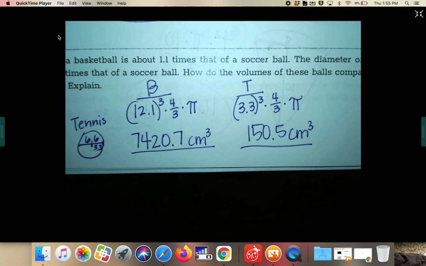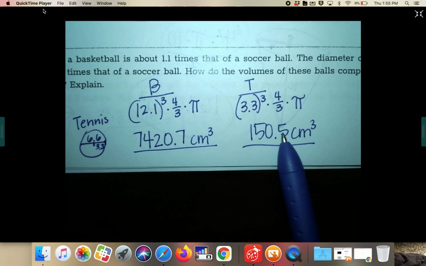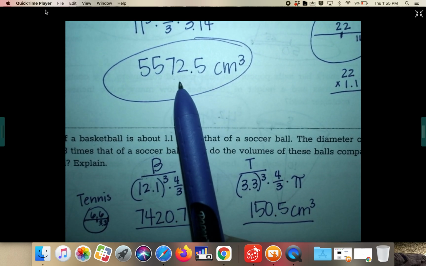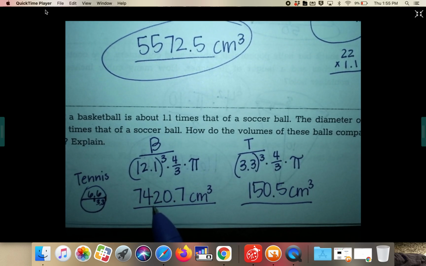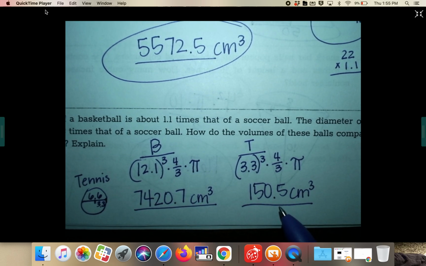All right, now let's look at the final question now that we have all of our volumes. It says, how do the volumes of the basketball and the tennis ball compare to the one we found earlier, which was the soccer ball? I mean, obviously the basketball is bigger and the tennis ball is smaller, but I think it wants to know more specifically.